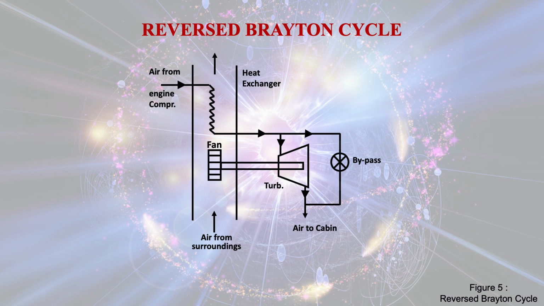Here the output of the turbine is used to run the fan, and the fan sucks the air, and the air which is coming out from the turbine is being used for cooling purpose. It is sent to the cabin for the cooling purpose. The detailed discussion we have already had while discussing the reverse Brayton cycle.